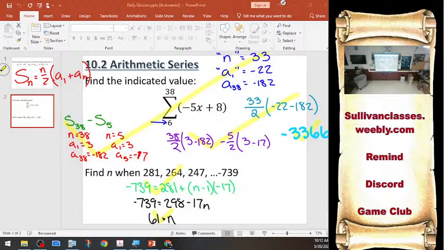So you ended up with a whole quadratic. So wait a second. When we were supposed to be finding one individual term, you went and found the total? No. That's not total. That's two. That was the sum formula.